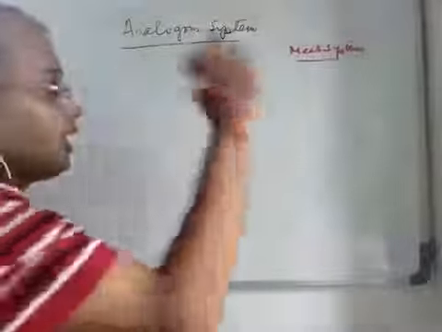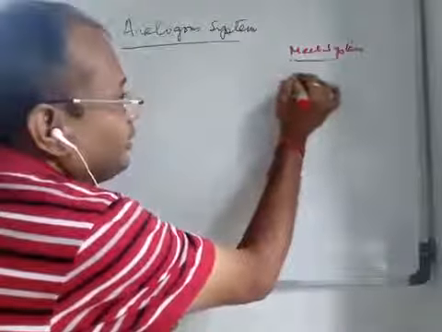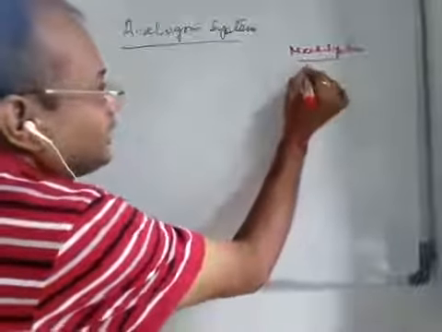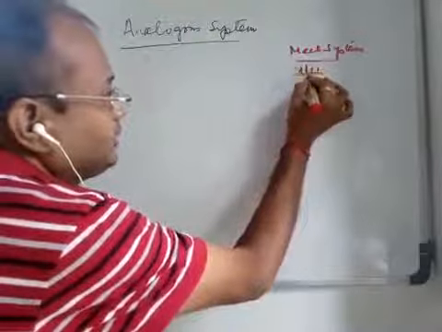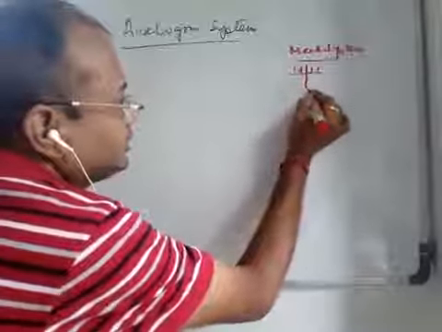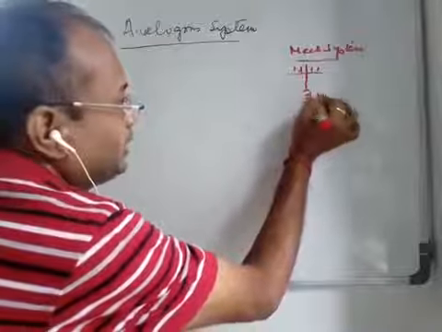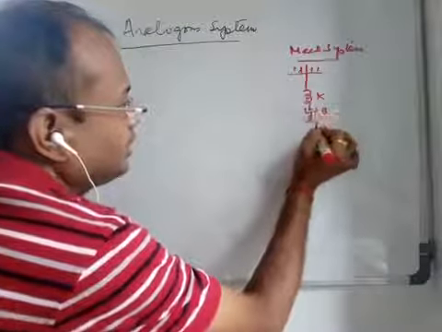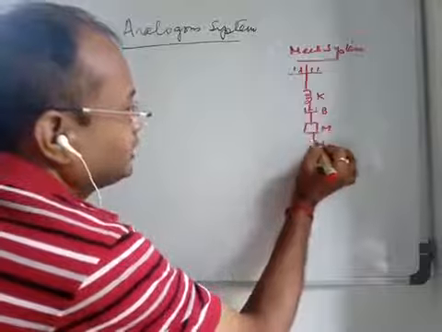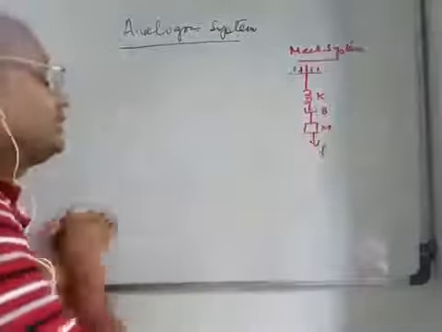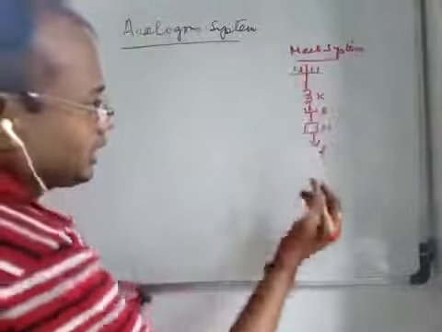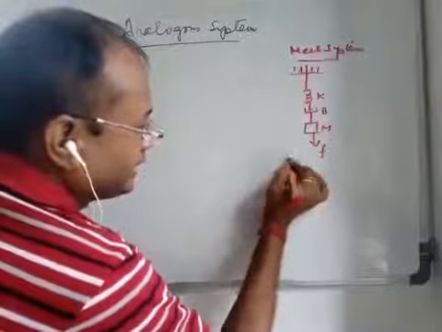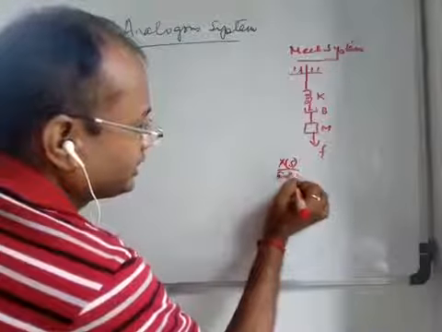For the mechanical system, we will make it fixed. This is your rigid surface. Say this is your spring, this is your damper, and this is your mass M, right? So this is your mechanical system, and corresponding to that you get X(s) by F(s).